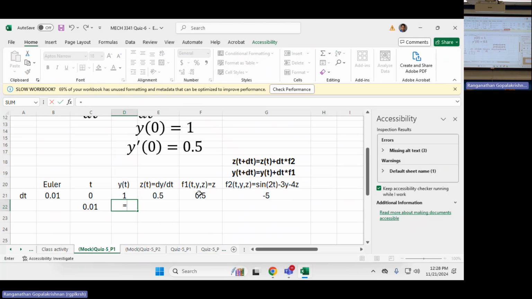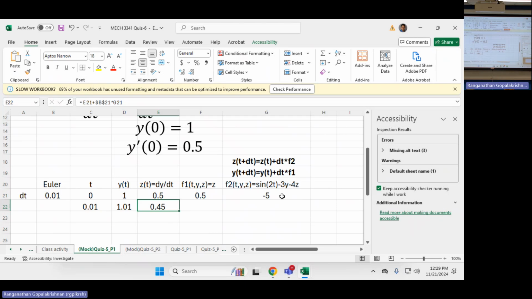So I'm going to update y, which is the current value plus dt, put the dollar sign, times f1, and then z, which is the current value plus dt, put the dollar sign, times f2. And then I'm done actually. You get these two numbers with the dollar sign, you're done. After that, it's just dragging across. Tell me if you are able to get these two numbers.